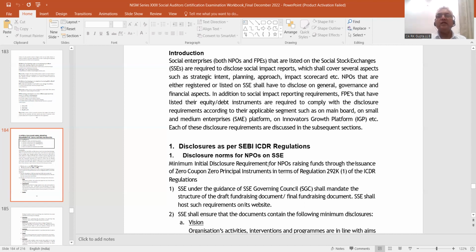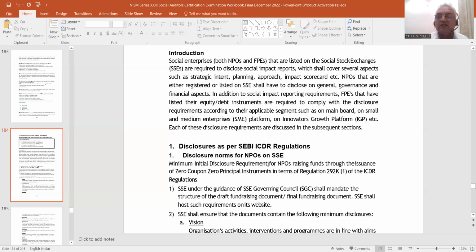If you read the first paragraph, it says FPEs that have listed their equity or debt instruments. They are assuming that for-profit enterprises are already doing business, so they might have already listed their equity or debt instruments. Now if they are working in this field, they will comply with the disclosure requirements according to their applicable segment.